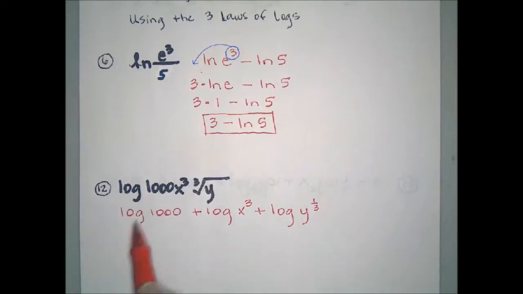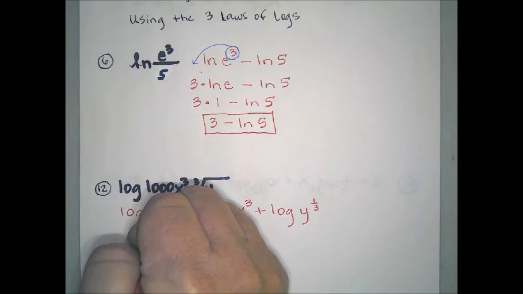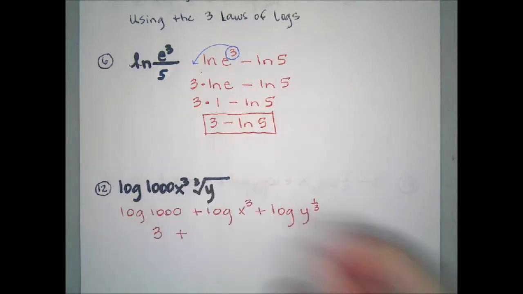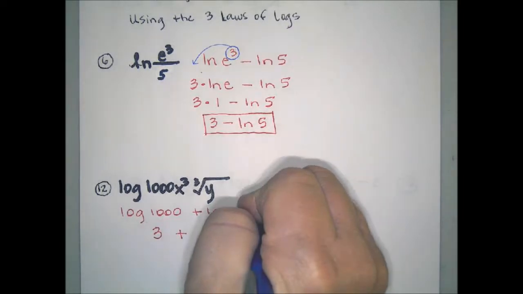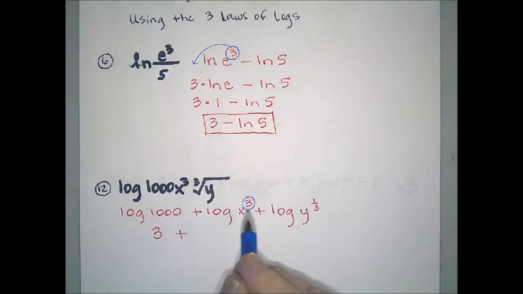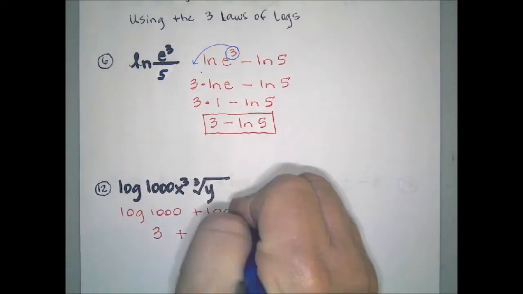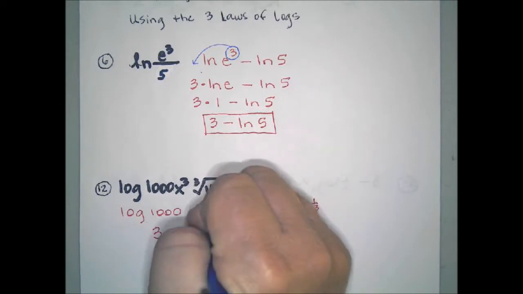Well, the log of 1,000, remember there's an invisible 10 right there. So what power turns the number 10 into 1,000? Again, that's a 3. So the log of 1,000 is 3 plus, now I'm going to use law of logs number 3 to take that exponent and bring it down and make it a leading coefficient.